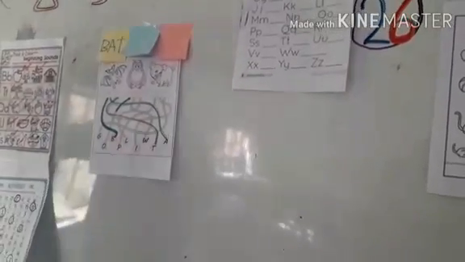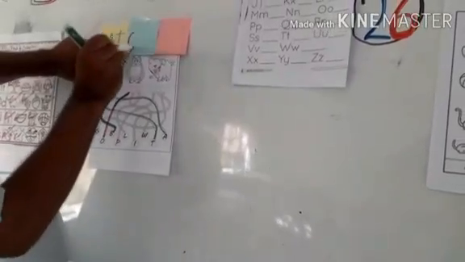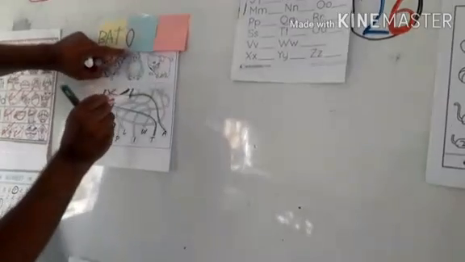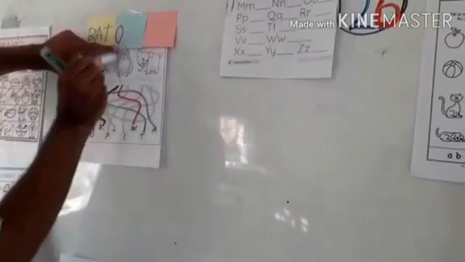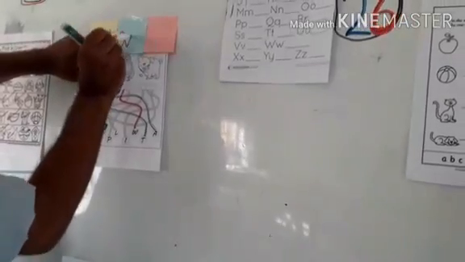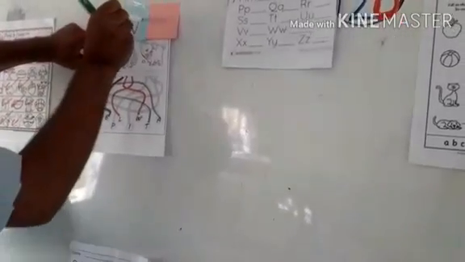It begins with O, so we write O here. Then W. And the last letter for this word is L, so we have owl.